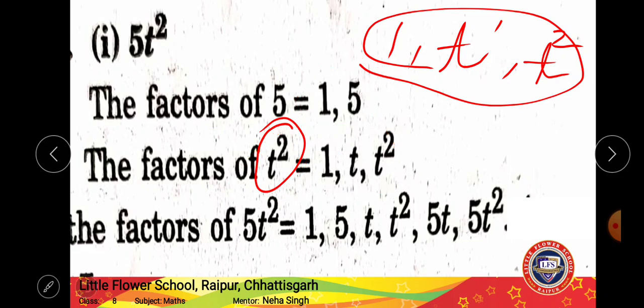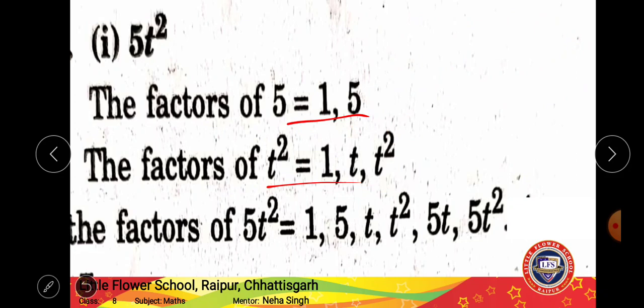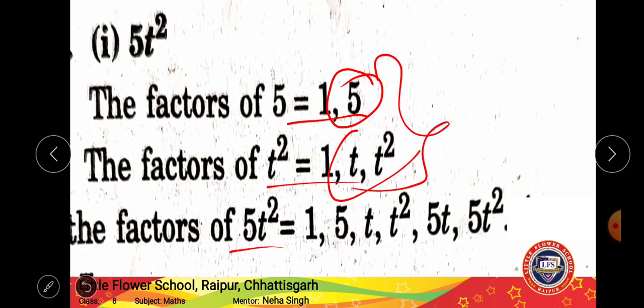Now after this, what more do we have to find? After writing the factors of 5 and t square, we need to write the factors of 5t square, which will consist of 5 multiplied with these two, that means 5t square.